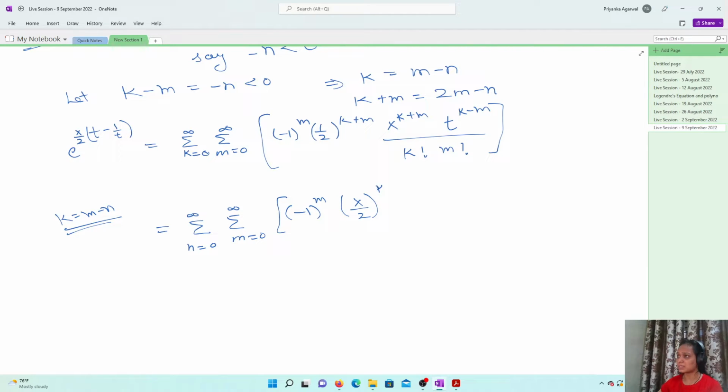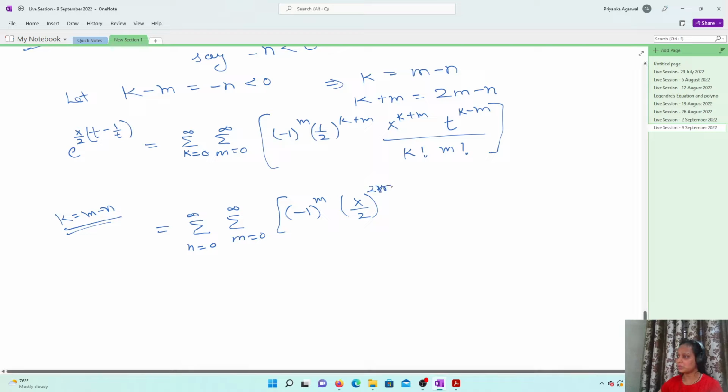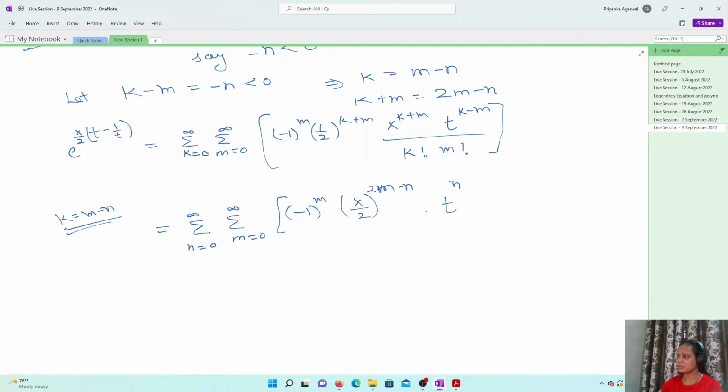K plus n is now 2n minus n into t to the power k minus n, which is minus n, over k factorial n factorial. Again k is what? (n minus n) factorial.